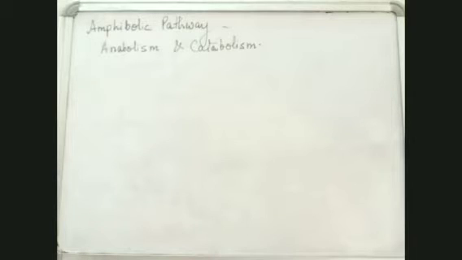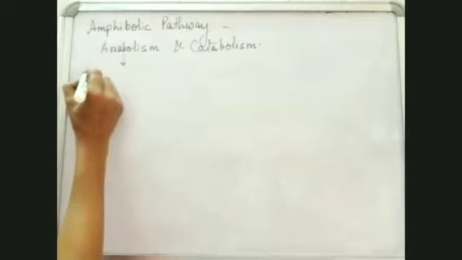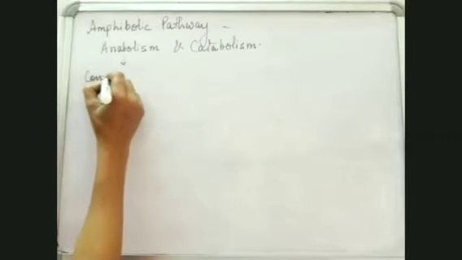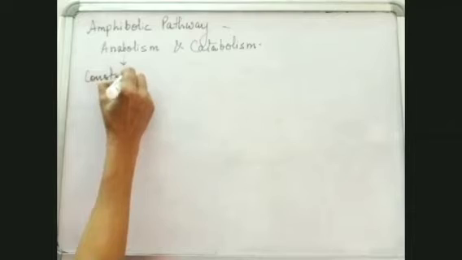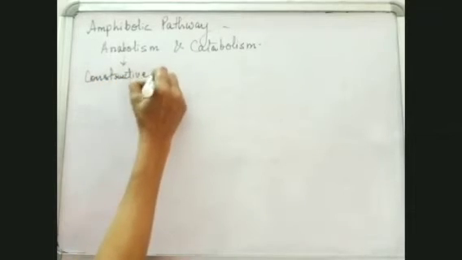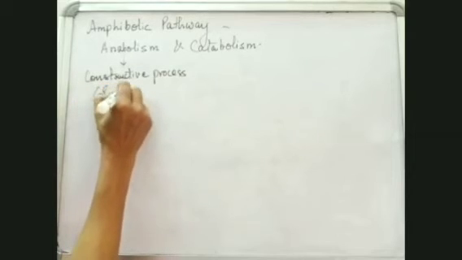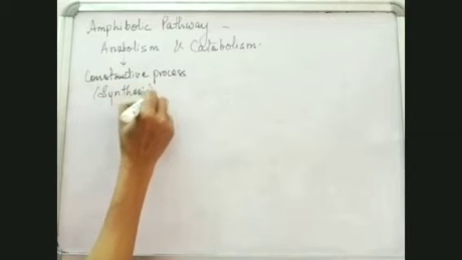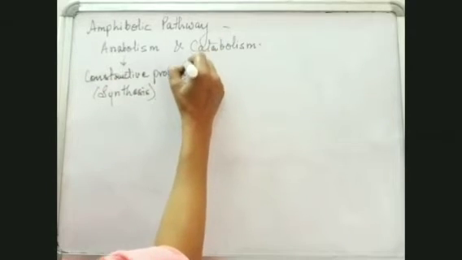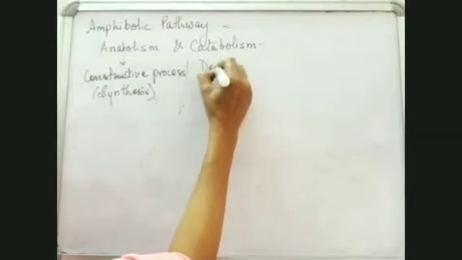Anabolism is a constructive process in which some synthesis takes place, and catabolism is a destructive process in which some breakdown takes place. So anabolism is a constructive process, and in this process synthesis takes place, whereas catabolism is a destructive process.